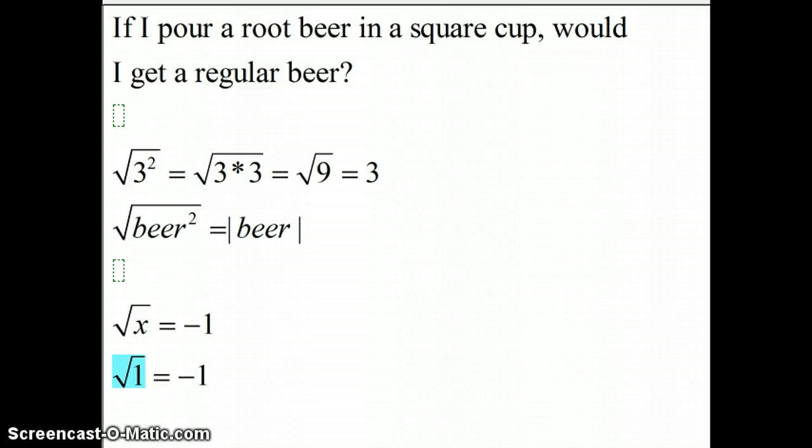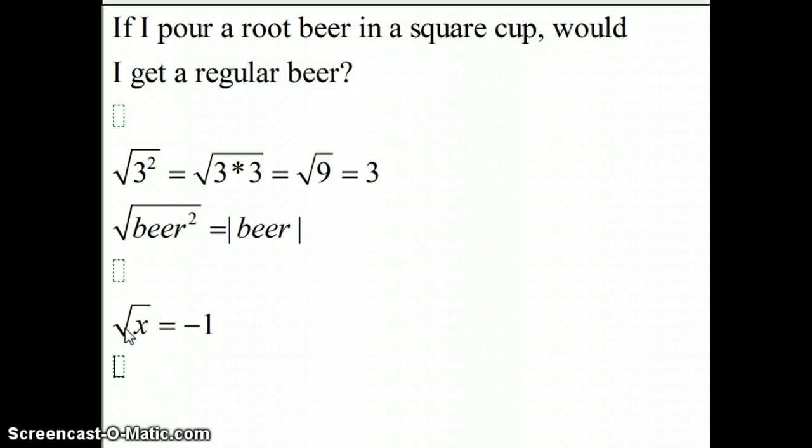Well, that one's easy. 1 times 1 is 1. Anything times 1 is the other number, so 1 times 1 gives you the 1. So when I simplify, uh-oh, there's a problem here. I've now said 1 is the same thing as -1. But that makes no sense at all. That's like saying if you have $1 in your pocket, that's the same thing as owing someone $1. Two completely different concepts, right? So that's an example of an extraneous solution. It's when the algebra works, but your answer doesn't.